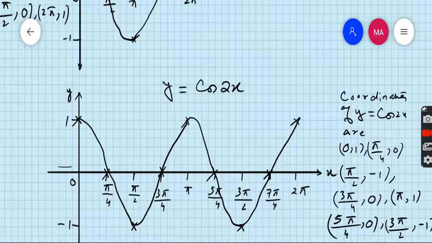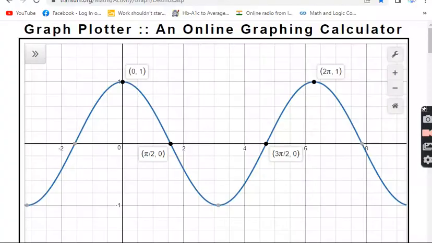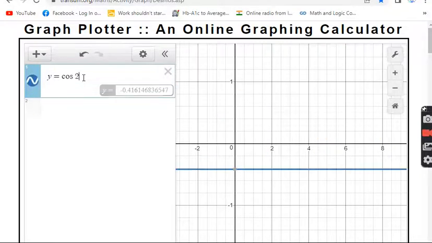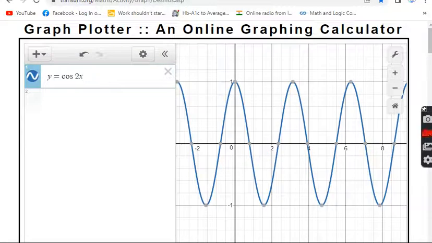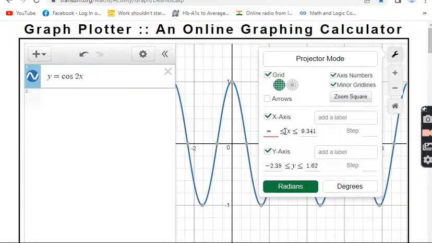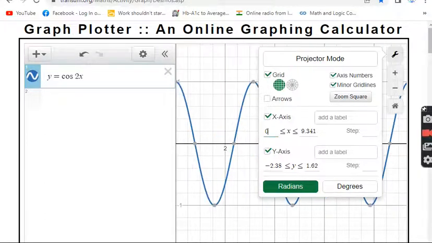The next graph is y equals cos 2x. This time y equals cos 2x, and the domain is from 0 to 2 pi.